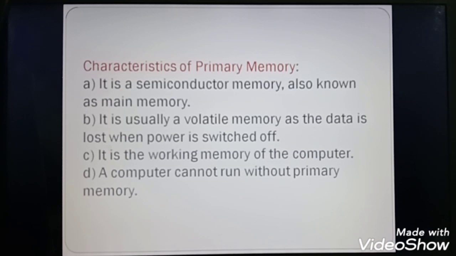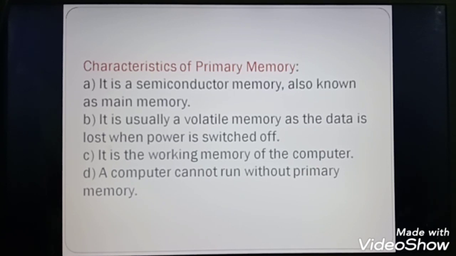C, it is the working memory of the computer. And D, a computer cannot run without primary memory. That means without primary memory, a computer cannot do its work. So these are the characteristics of primary memory.